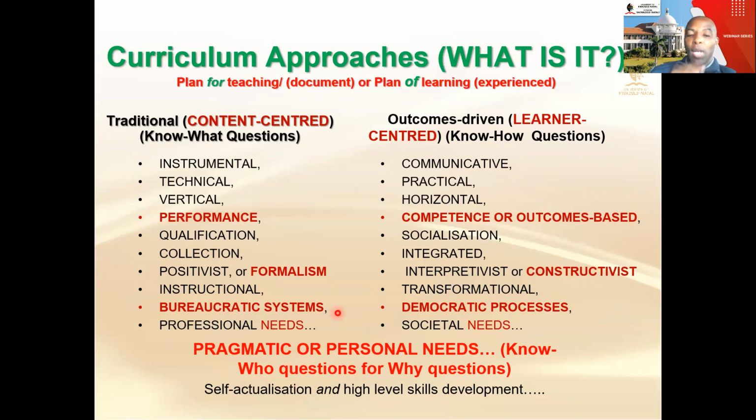And then you will be able to self-actualize, and you have higher level skills in your development if you can marry these two to take the neutral position. But if you become a victim of this or a victim of this, I'm telling you, your teaching may exclude or discriminate against certain students or certain learners.